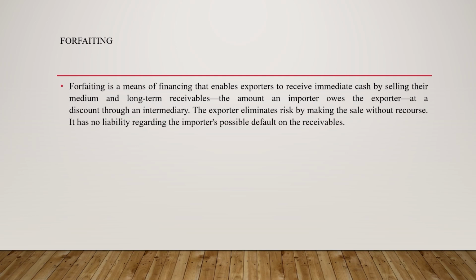Forfeiting is a means of financing that enables exporters to receive immediate cash by selling their medium and long term receivables. The amount an importer owes the exporter is sold at a discount through an intermediary. The exporter eliminates risk by making the sale without recourse. It has no liability regarding the importer's possible default on the receivables.